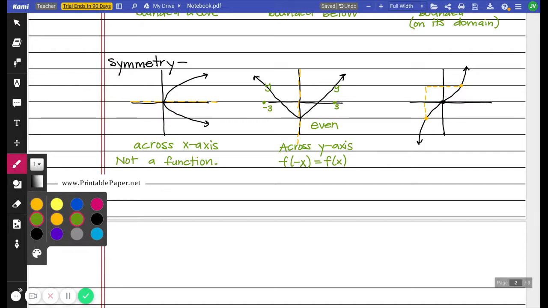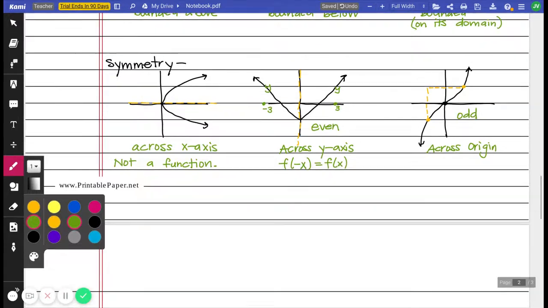But the official definition, it is symmetric across the origin, which makes it odd. As far as looking at it in terms of function notation, if I look at a negative value of x, that's equal to the negative f of x.